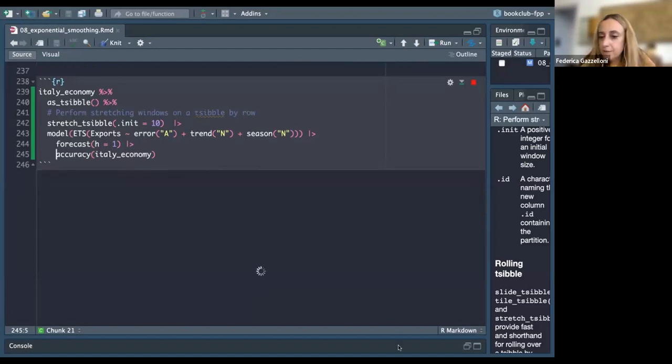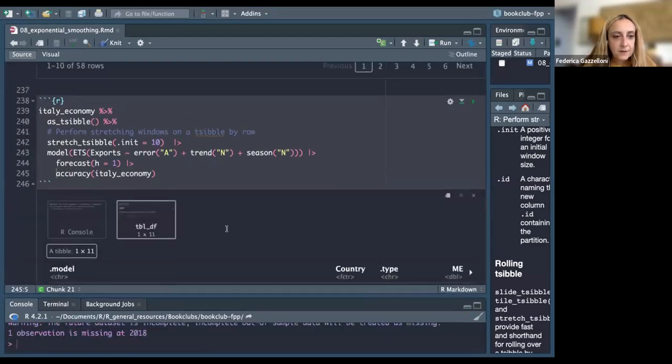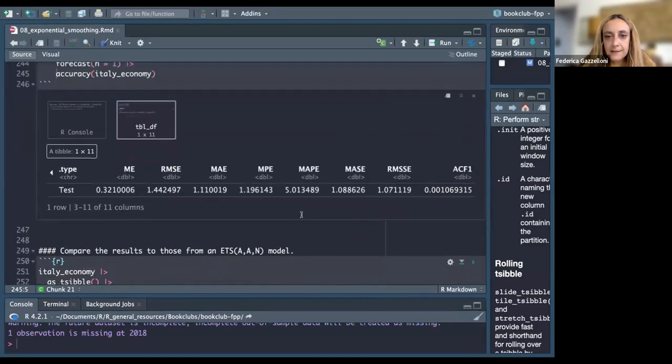I think I did it fast, maybe because I have the connection. Okay. So here we can see that we have the RMSE 1.44. Is that right? Yeah. All good.